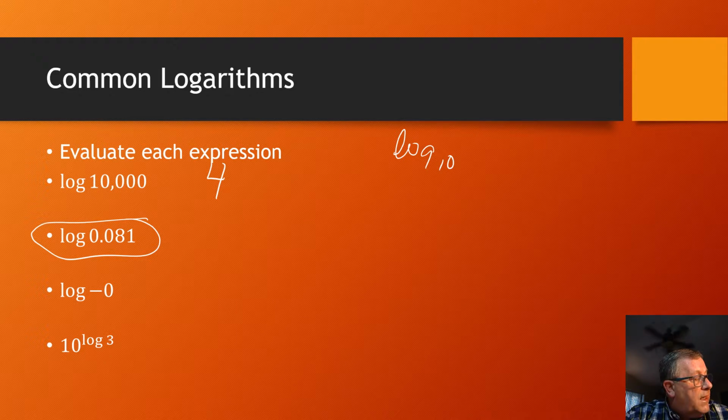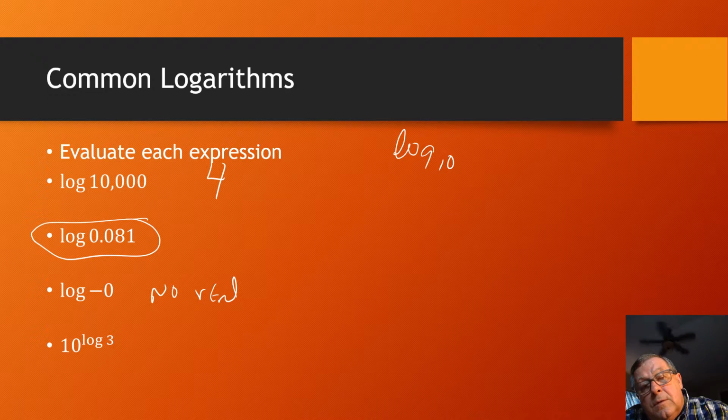And I think we just said that the log, what do we say about something greater than 0? Yeah, 10 raised to the power of the log of x, I mean. So anyway, there is no such thing as negative 0. So this is no real solution.